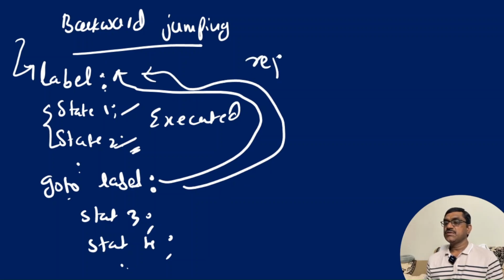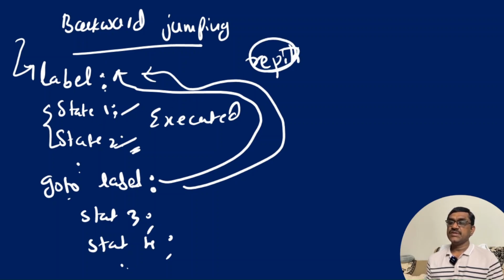So this is one kind of repetition. We are repeating the same statements here. This is known as backward jumping. Now, what about statement 3, statement 4? These statements are not executed, because every time we are moving back, depending on the situation. So this is called backward jumping.